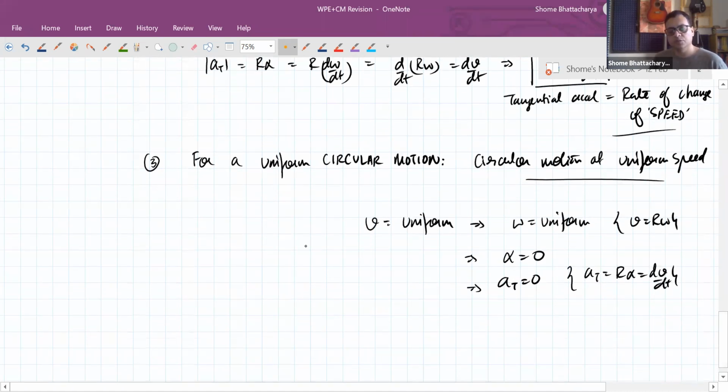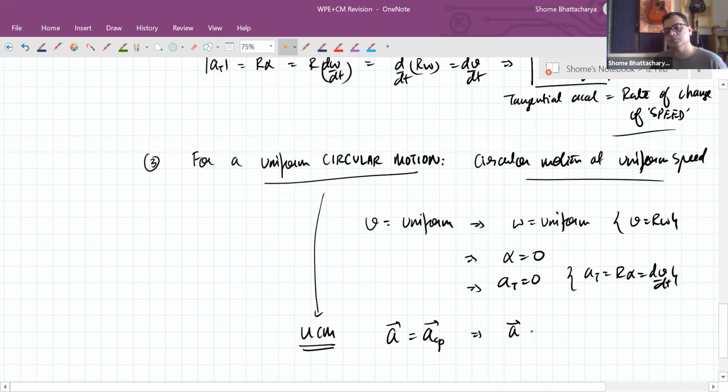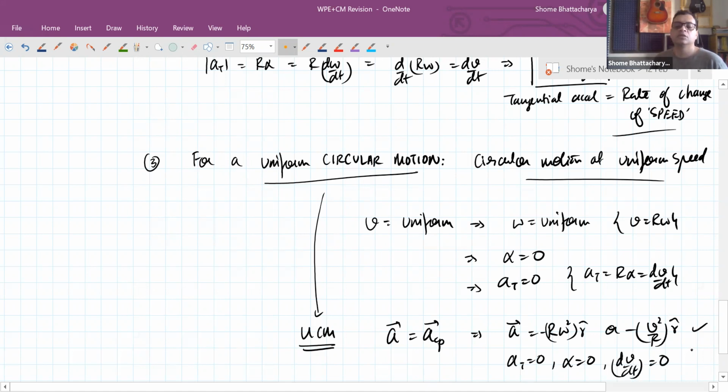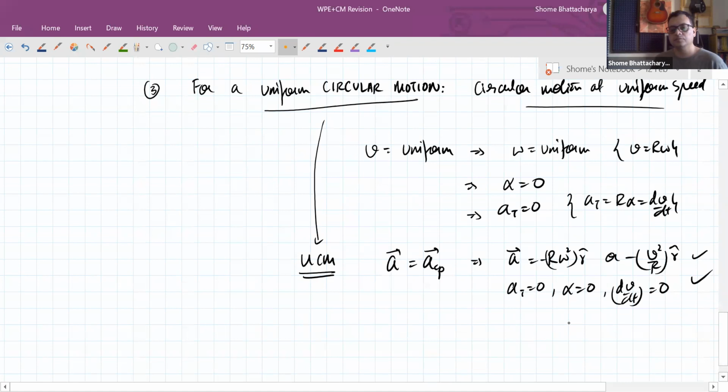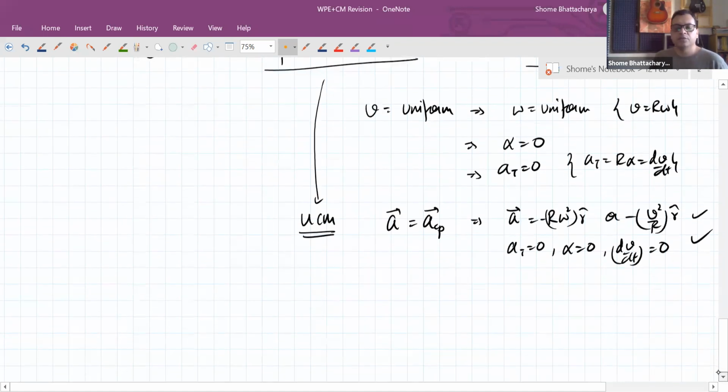So in UCM, uniform circular motion, the acceleration is just the centripetal acceleration. So these are all important properties of uniform circular motion. So this is about the kinematics of circular motion.